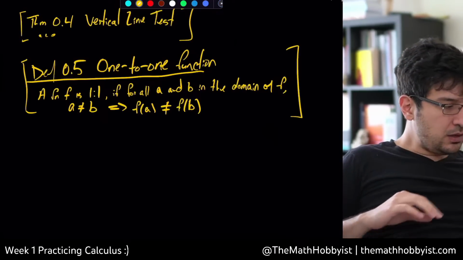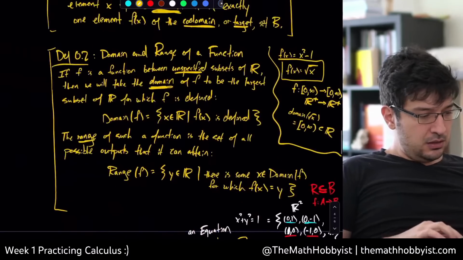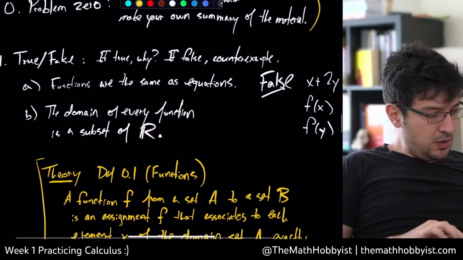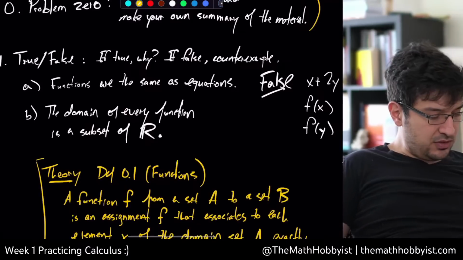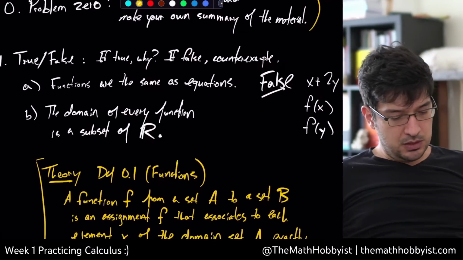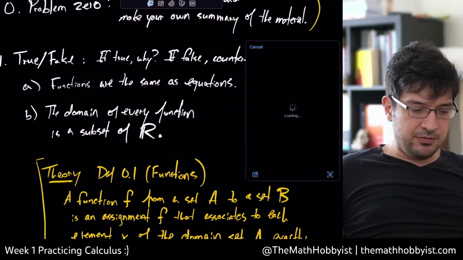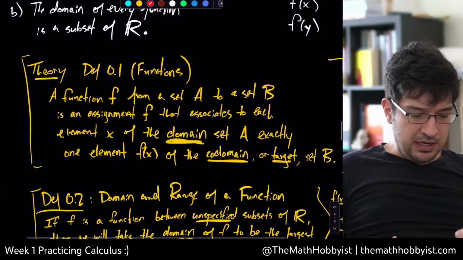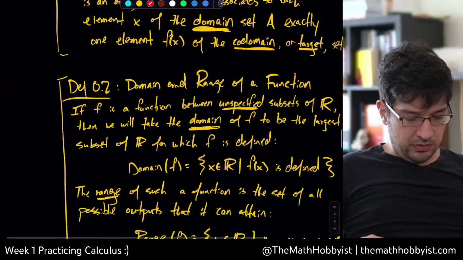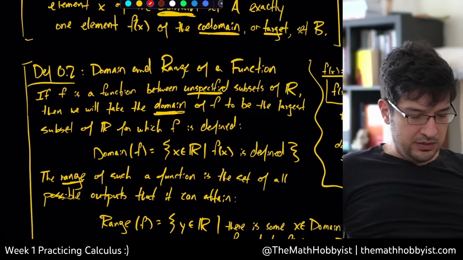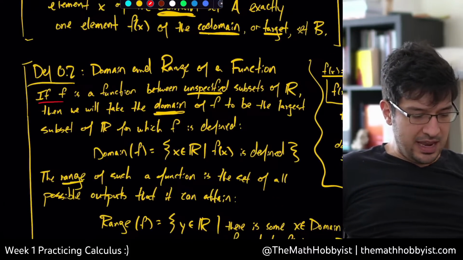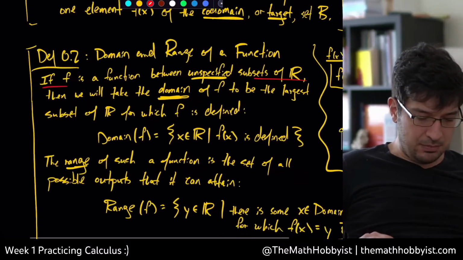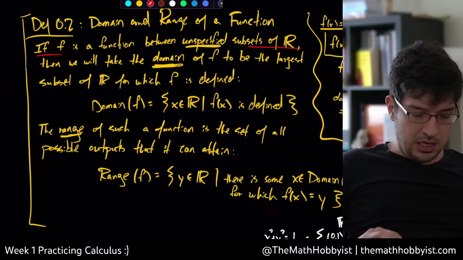Cool. All right, so we got a little bit of theory motivated by answering this question. The domain of every function is a subset of the real numbers. I'm going to say false because we defined functions about sets, and then we started always saying if f is defined on the real numbers, then blah, blah, blah.